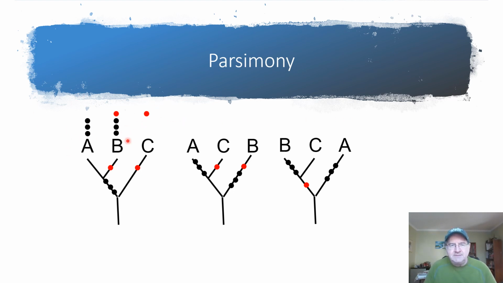So A has these 3 derived characters, B has these 4, and C has this 1. And I matched the color to say that A and B share this derived character, share this derived character, and share this derived character. But up here, this red pair, that derived character is shared by B and C. So we have conflicting data. Some of them tell us that A and B is most closely related.